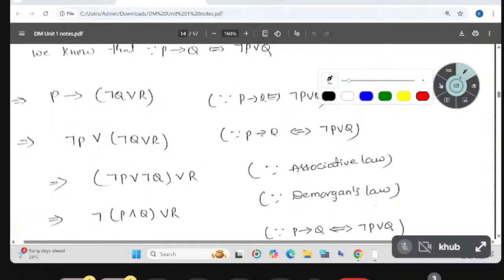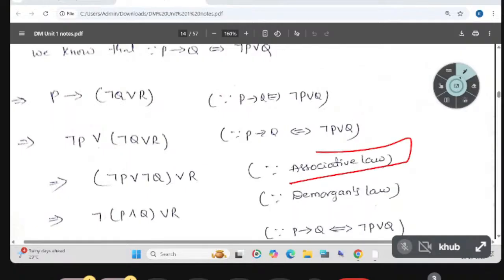So this is how I am getting P or Q or R implies ఏం రాయొచ్చు? P ఉంది, Q or R ఉంది, ఏం రాయొచ్చు? P or Q or R రాయొచ్చు. Right. So which is there in our ఏ లాలో ఉంది? According to associative law, I can write (P or Q) or R, or P or (Q or R).